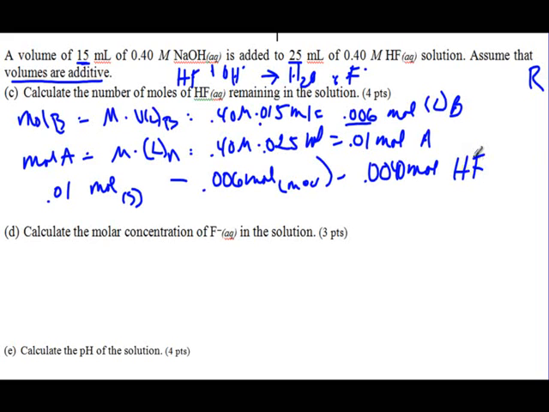Okay, so let's take a look. Now we want the molar concentration of F minus in the solution. If I think about this reaction, for one of these, I get one of these, right? So my concentration of F minus is going to be my moles of F minus over my volume in liters.